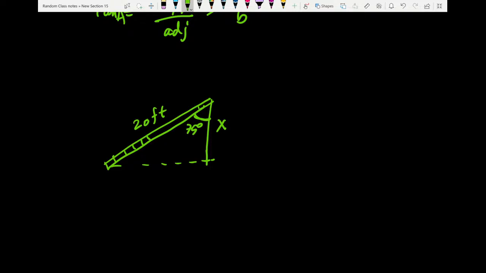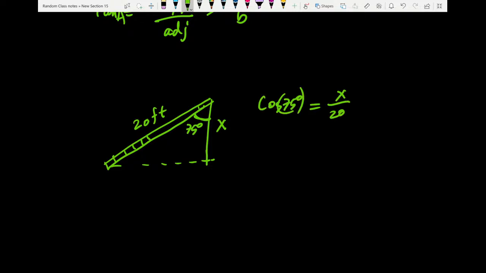So what trig function can we use? Before, you didn't have the angles, but now we're dealing with angles. In reference to this angle, this is the hypotenuse and this is the adjacent side. What's the only trig function that works? Cosine.